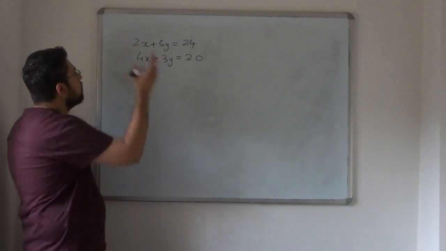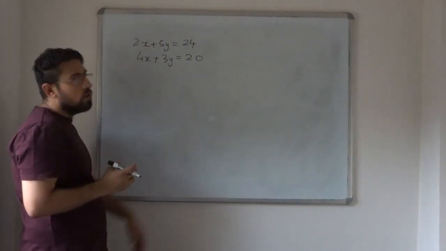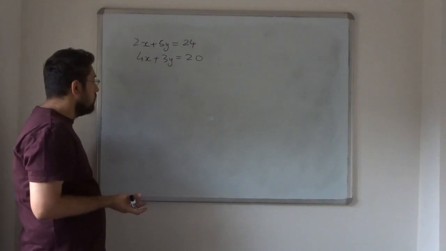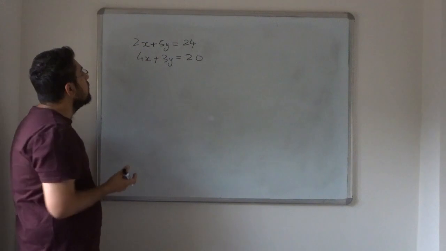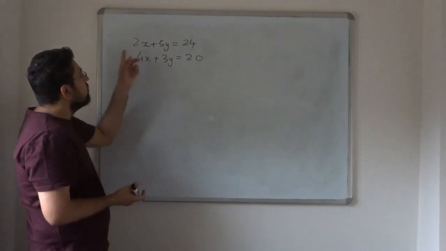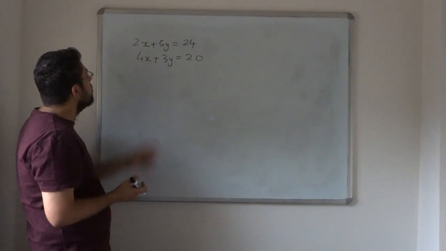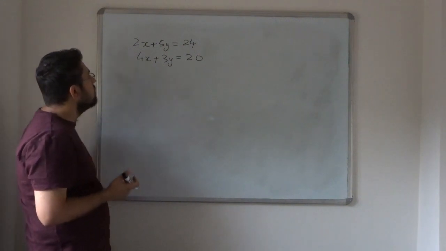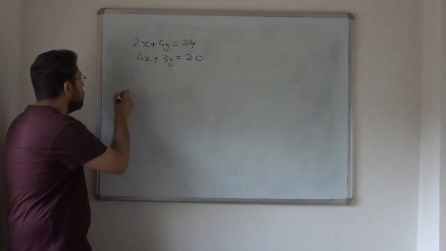If you multiply one equation by 3 and the other by 5, it's going to take longer for you to solve it. Whereas here, if you just multiply the first equation by 2, and the other equation by 1, it's going to be better. So let's just do it that way.